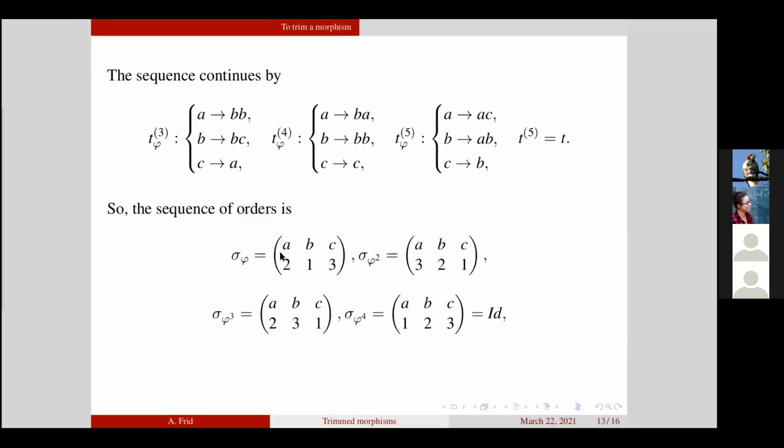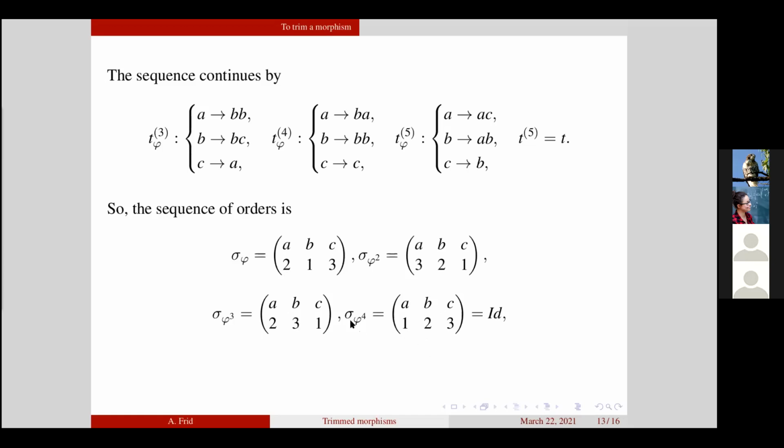And in particular, if we study the order between images of symbols, we see that for phi itself, the smallest image of a letter is the image of B, then A, then C. And we can extract all this information from the trimmed morphism. And we see that it's also a periodic sequence.